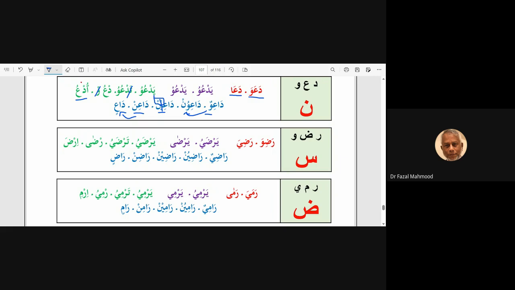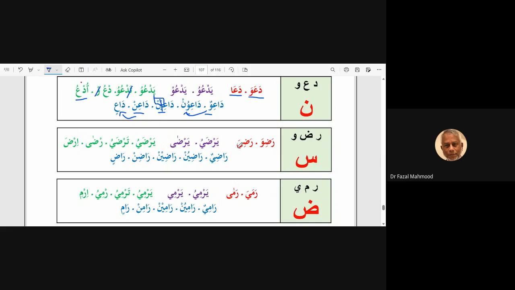Da'a, waw ending. What is the ismul fa'il? Finally, the ta'lil version, which is used in the Quran: da'in. Hada, hadin. Radiya is ra'din. Rama, ra'min. Like that, all of them will be like this.